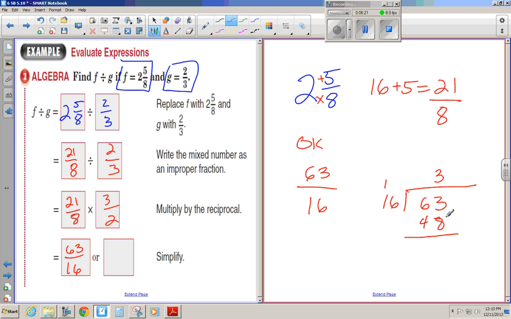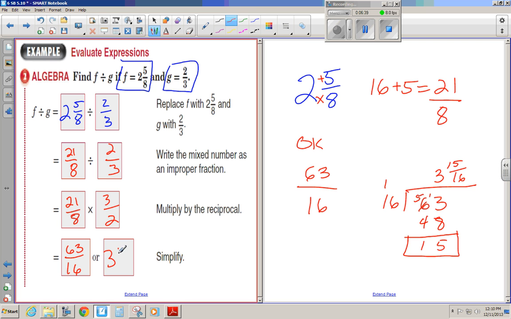And subtract. 63 minus 48 is 15. So the remainder is 15. So the answer is 3 15/16. Both are acceptable answers.